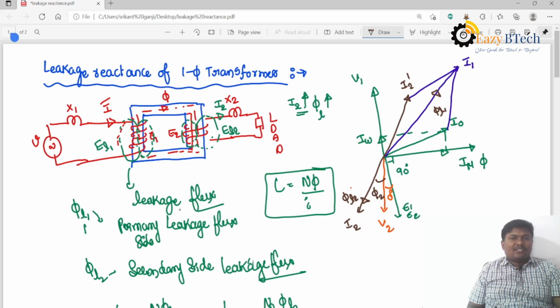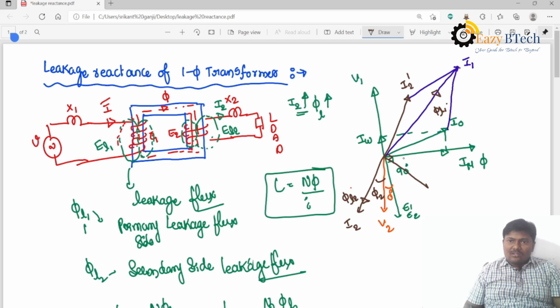If I2 increases, I1 also increases. So with respect to phi L1, the EMF will be induced. The EMF is induced 90 degrees with respect to flux.